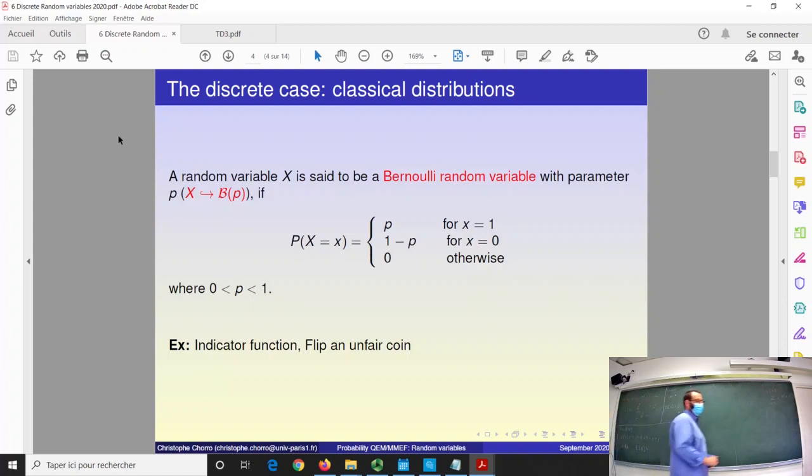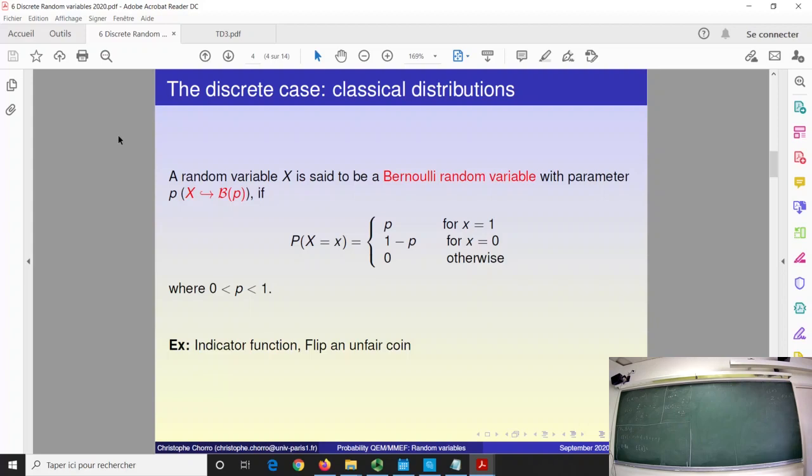No. It's 1 for A equal to omega, it works, but not for A in general. If you have A strictly included in omega, a priori it doesn't work.